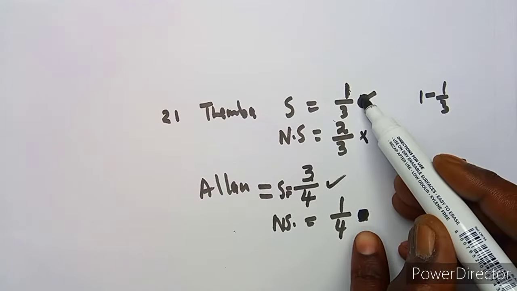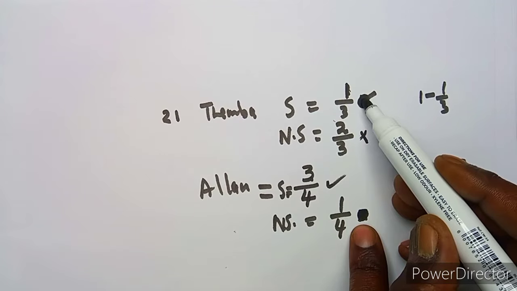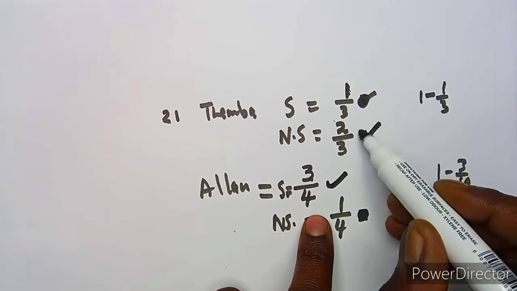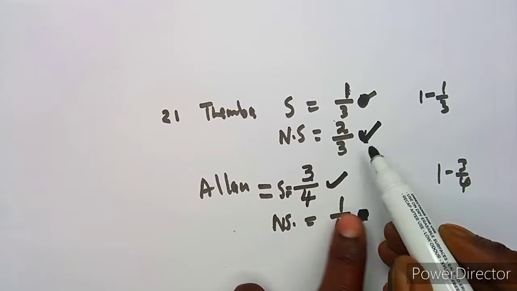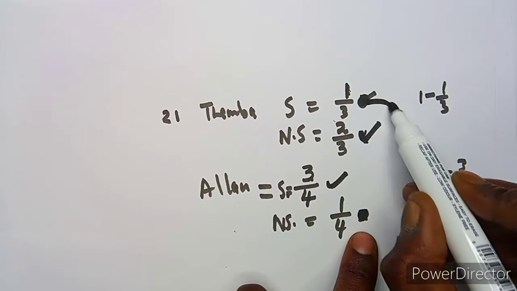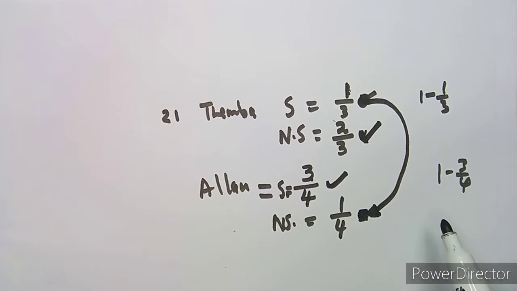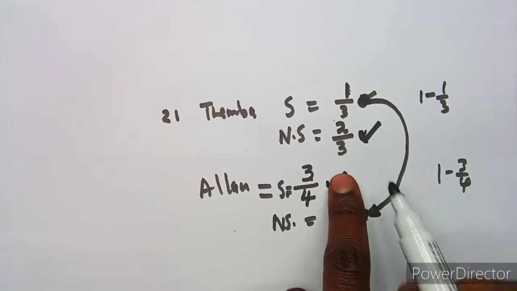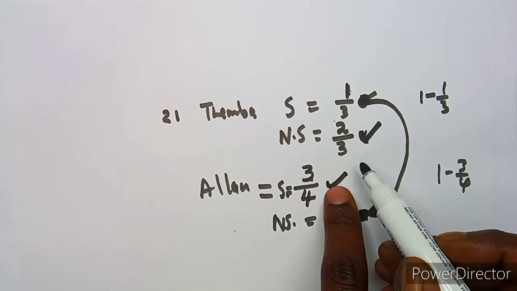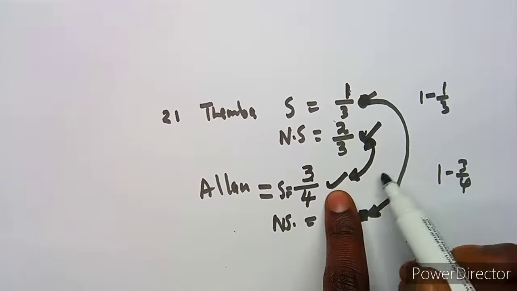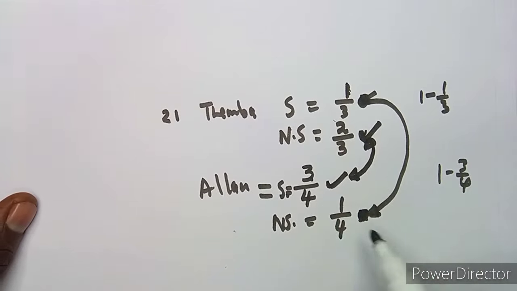Temba is scoring, Alan is not scoring. When Alan is going to score, Temba is not scoring. That is the condition they're talking about. So these are the two outcomes that can happen, and you combine them together.